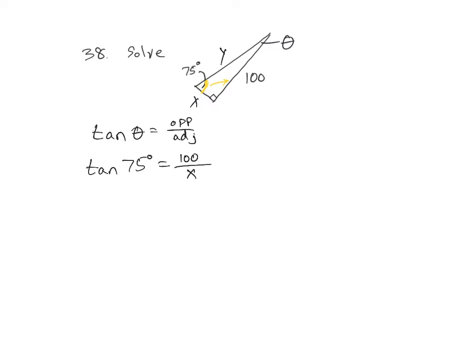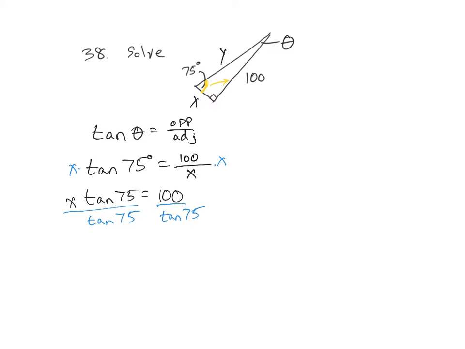And now we just solve using algebra. So we multiply by x on both sides because we really do need to get the x out of the denominator. And x tangent of 75 equals 100 then. Now divide off the tangent of 75 degrees.